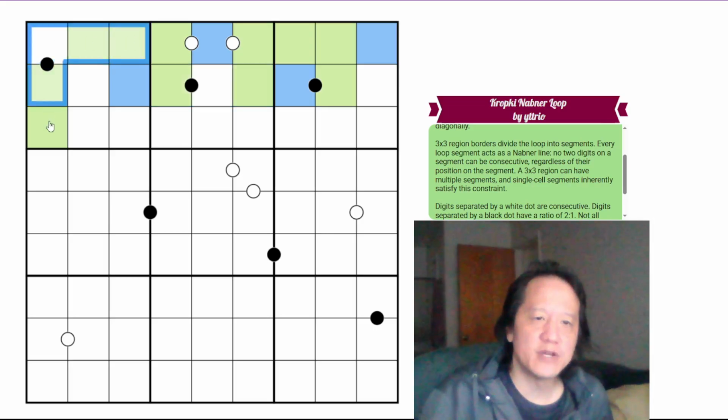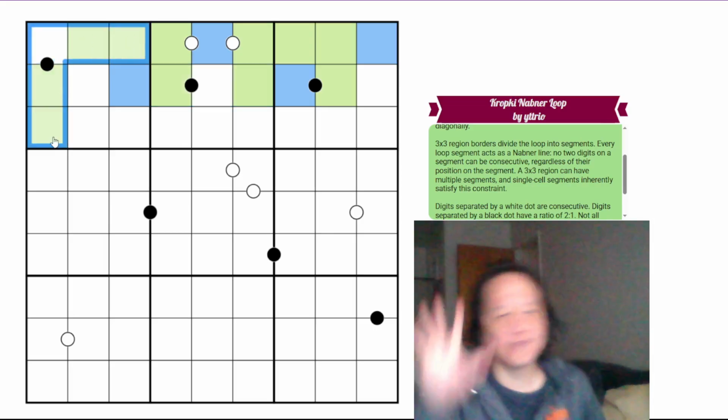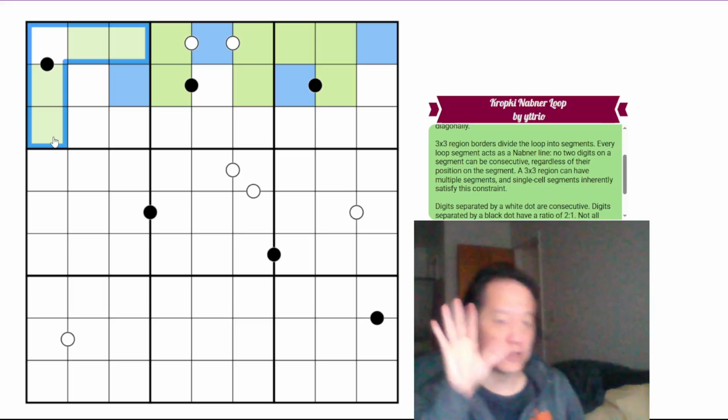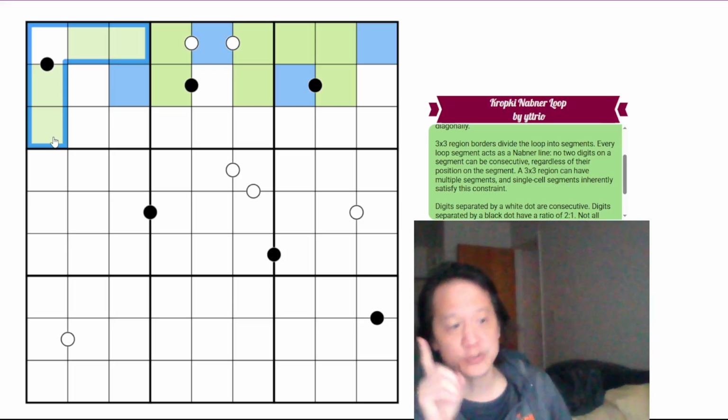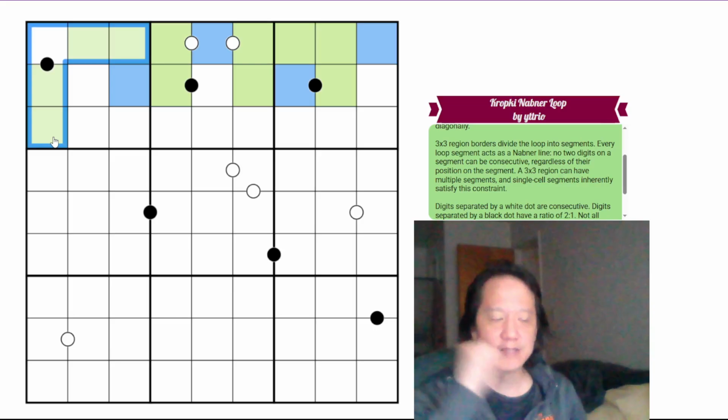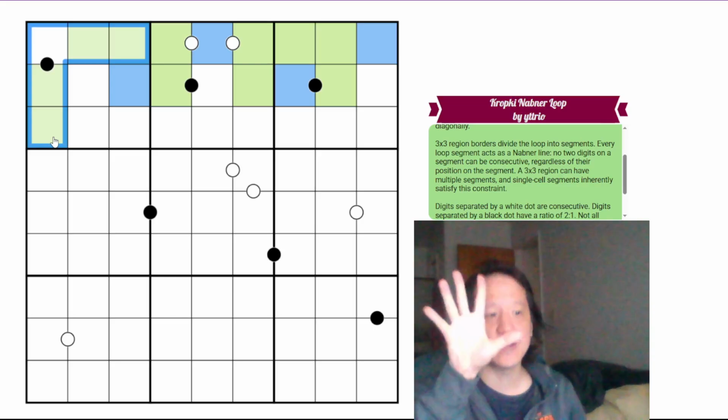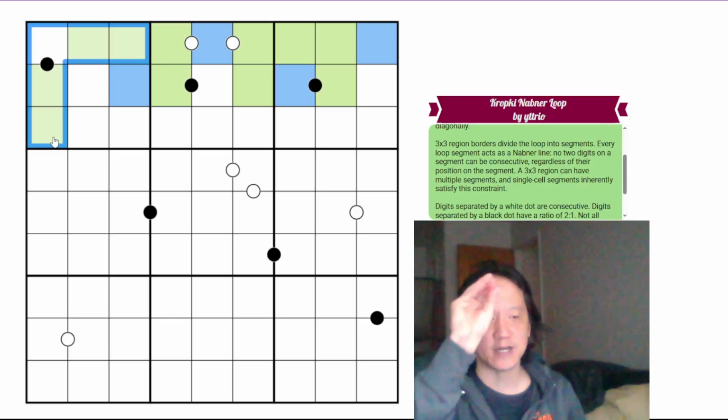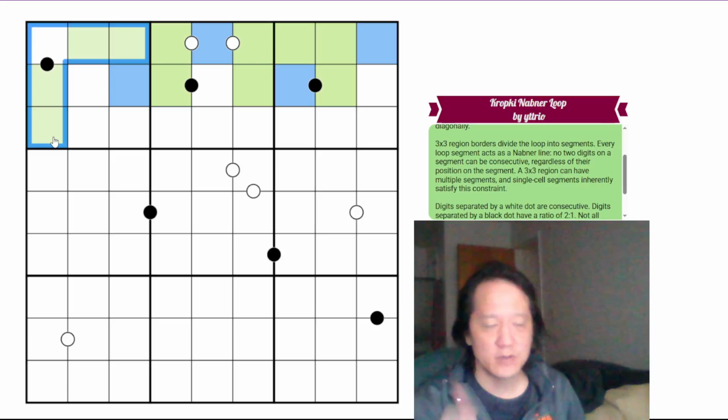The problem with going out this way is the 5-length Nabner line, which is the largest you can ever have for a Nabner in normal Sudoku, right? Because to not have any consecutive digits, for 5 digits, it's 1, 3, 5, 7, 9. Well, try to add another digit there, and there's going to be a consecutive set. So if you have 6 digits on a Nabner, it's not possible.